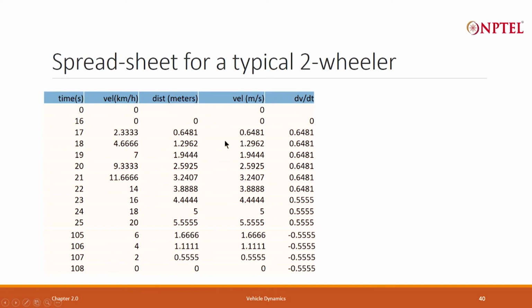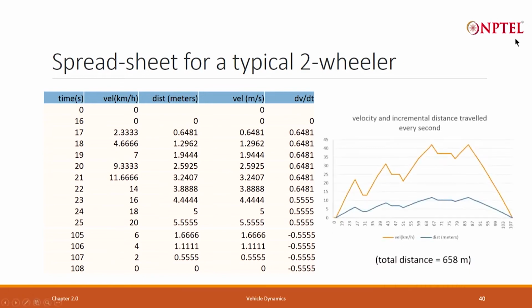Well, velocity is 2.33 and 4.66. Here I made a mistake. Velocity is, and acceleration is constant. This is a delta velocity. This I am taking as delta velocity. This delta is not visible, it is a delta velocity. And with the average I am able to do that.